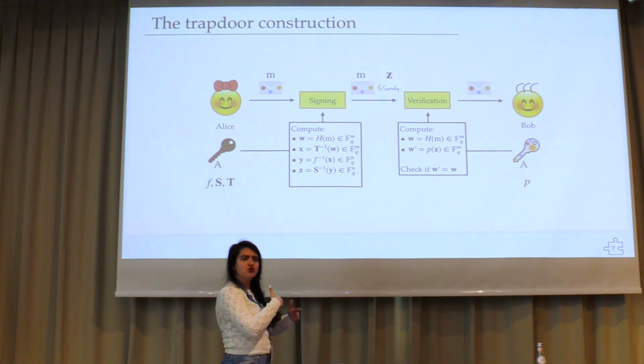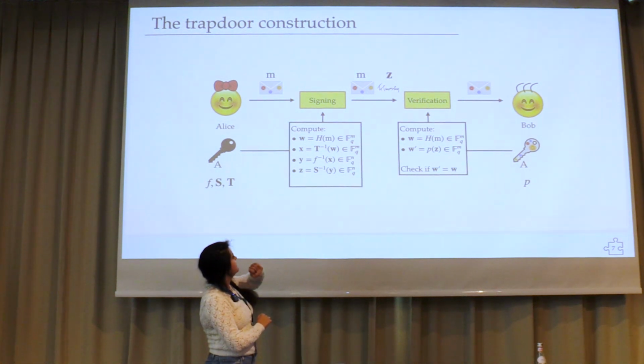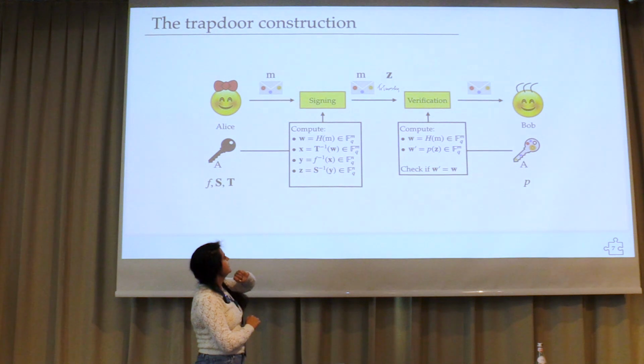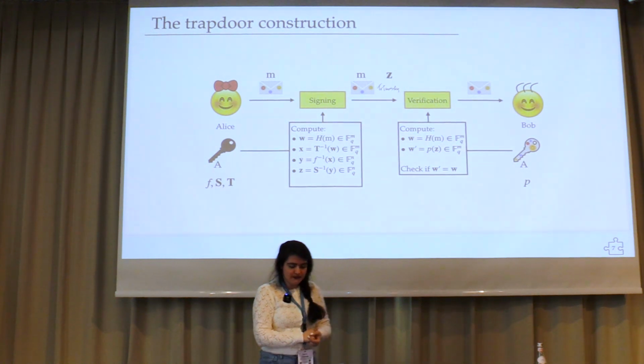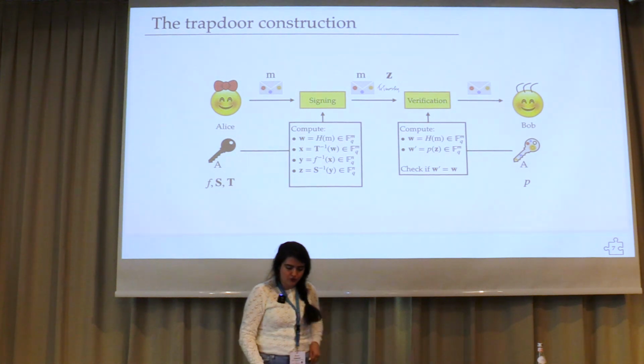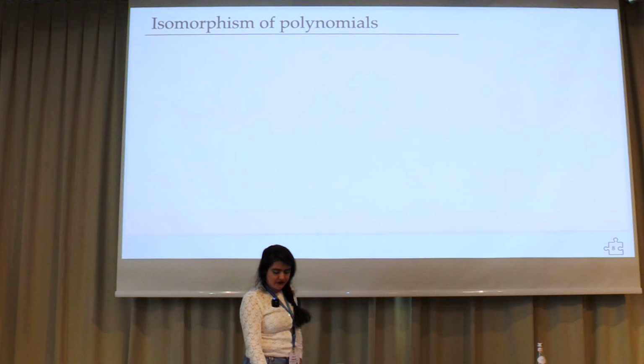You're not finding a solution. You're evaluating the polynomials, right? And so he gets some W prime, and then he just needs to check whether this is indeed a solution to the system. And that means that Alice did a good job with the signature. It means she knows the secret. She can invert the map. And then he gets the message if the verification works out.